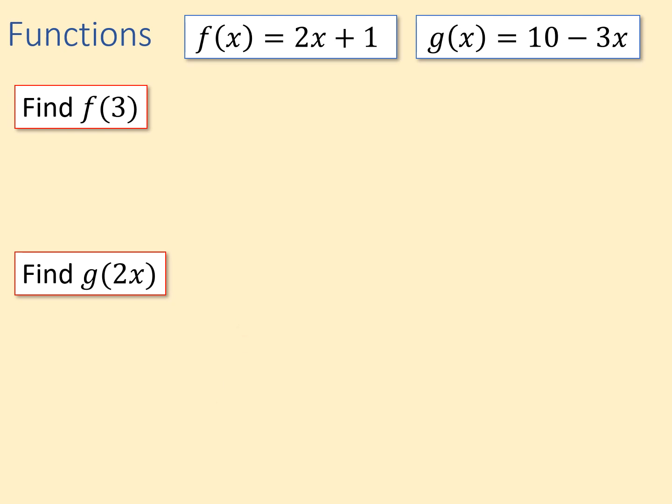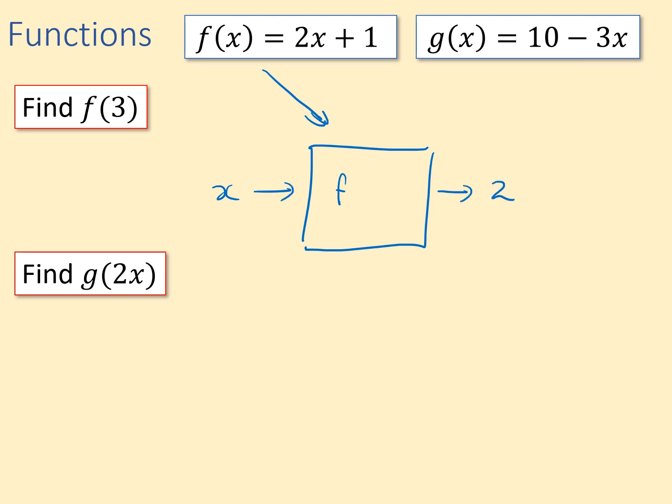So what a function does is we introduce them as function machines. So if I have the f of x as this function, we take an input, we put it in, and we get an output. Okay, it takes an x value, we put it into the function machine, and you get out twice that value, add 1.